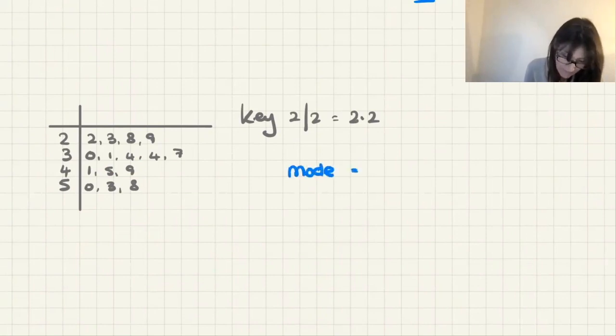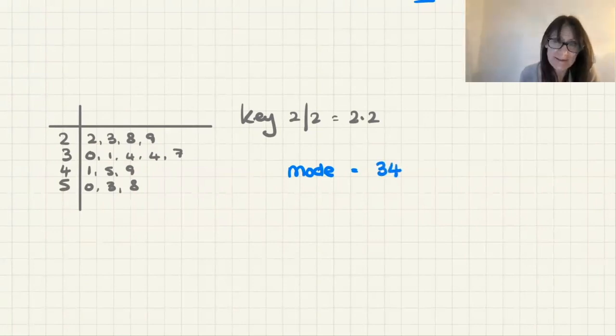Okay, so mode, let's have a little look. Got nothing along there. I've got 2 4s and nothing else. So 34 is not the right answer. So if you put 34 down, you were doing the right thing, but what you didn't do was check in with the key.